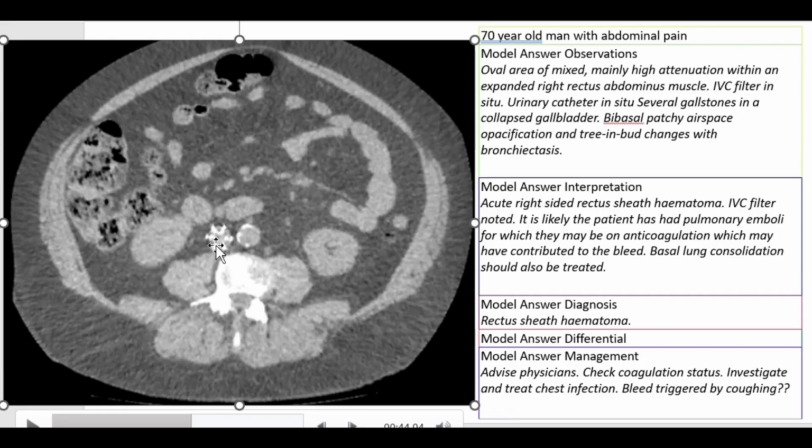So this device is inserted to prevent pulmonary embolism.